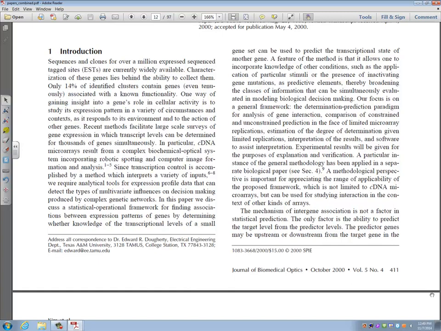You want to use that information to come up with the predictors for a particular gene. If you want to predict the expression at spot number 10 based on expressions at spot number 7 and spot number 9, you do not know a priori which genes to use as your predictors. That's the problem that they're trying to address here.